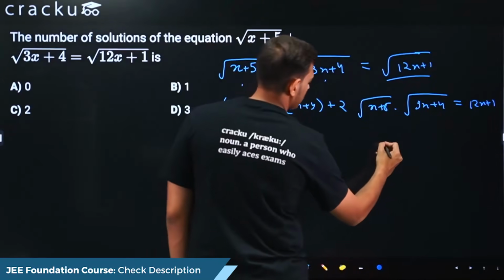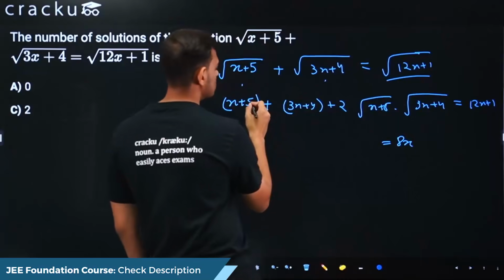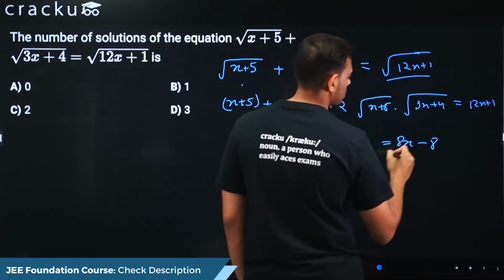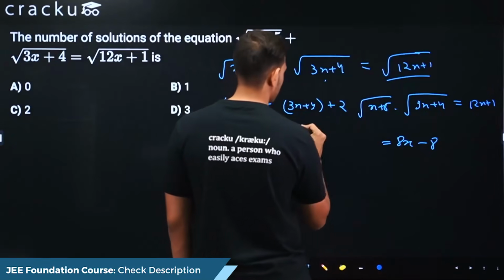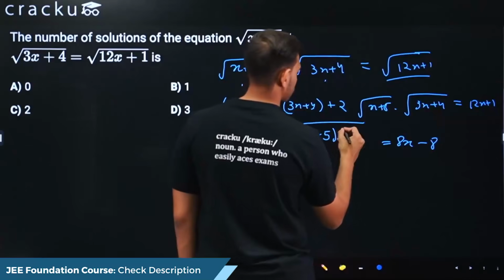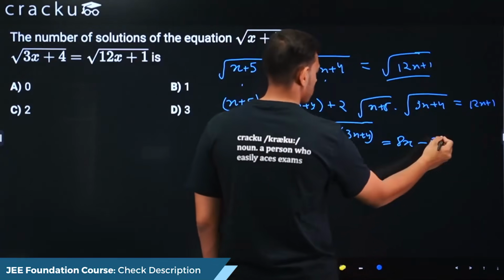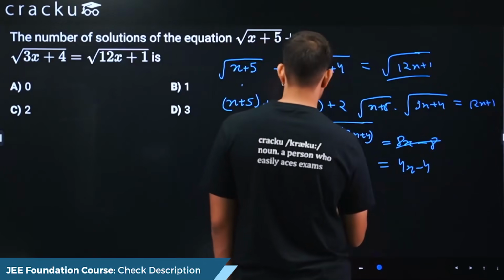They'll get subtracted here. I get 12x minus 4x, 8x. These terms are 5, 4, 9. 1 minus 9 is minus 8. And on the LHS, I get 2 times root of multiplication of these two terms. This 2 will cancel out, giving us 4x minus 4.